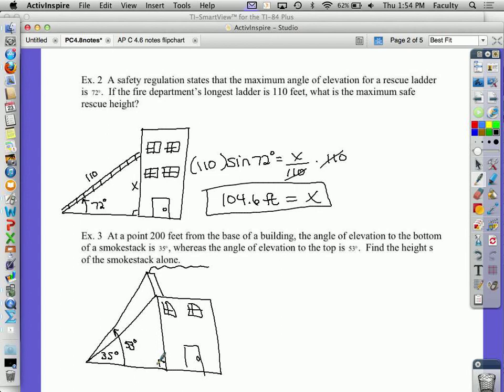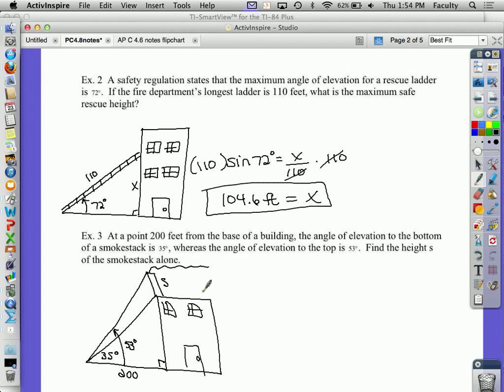And we are at a point 200 feet from the base of the building. And we want to find the height of the smokestack. Any ideas? How might we tackle this problem to find s?